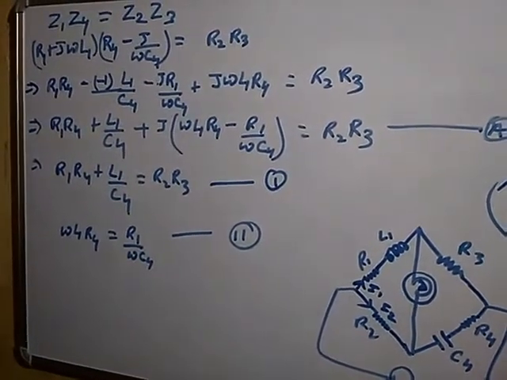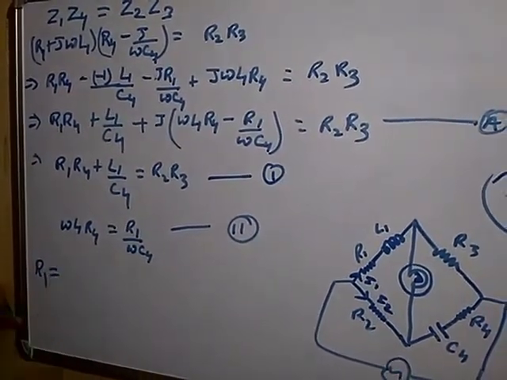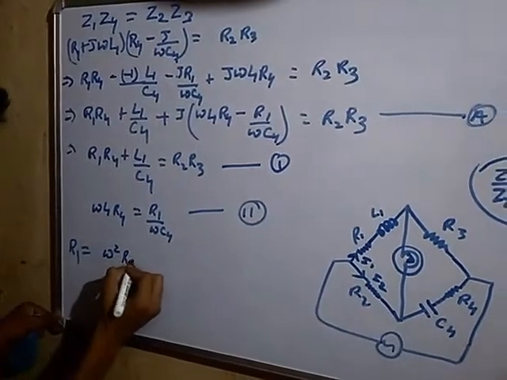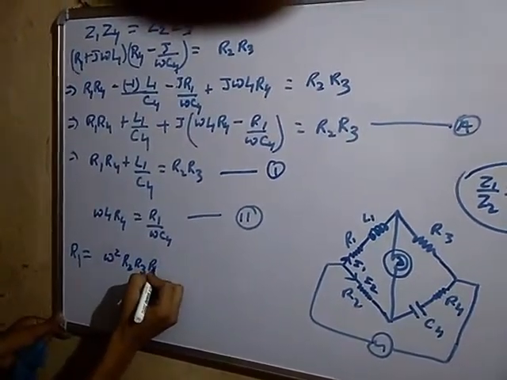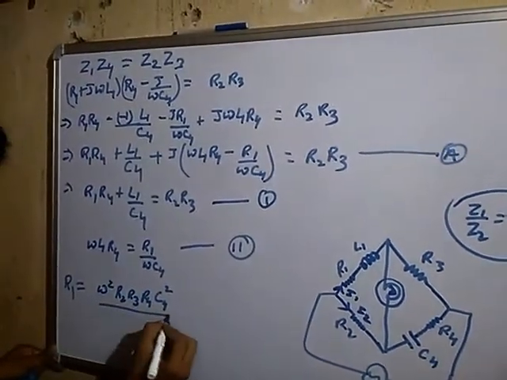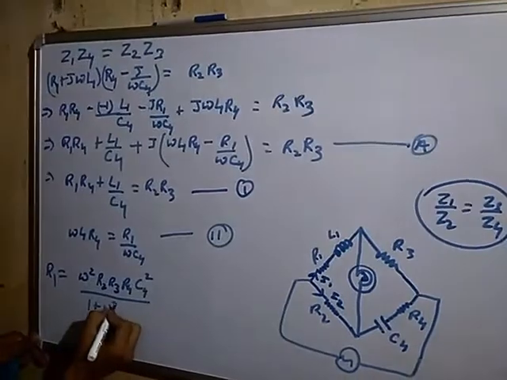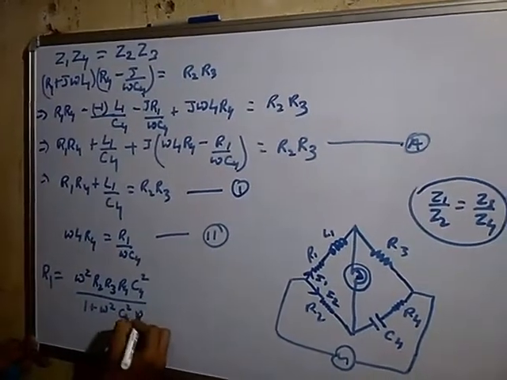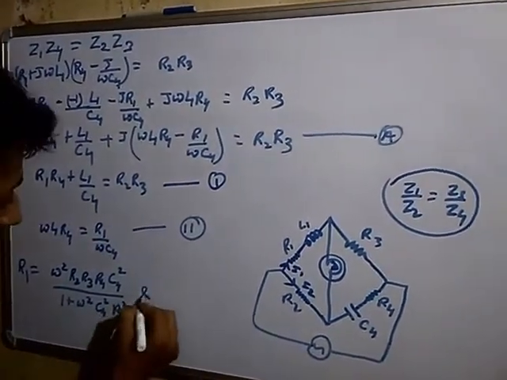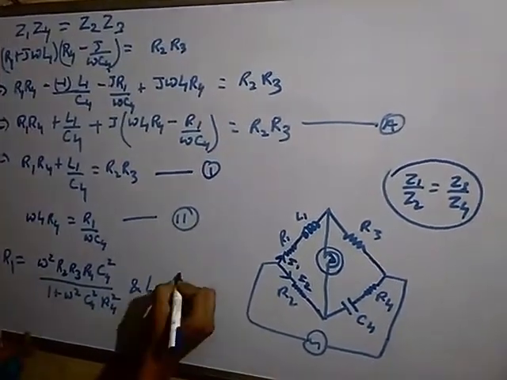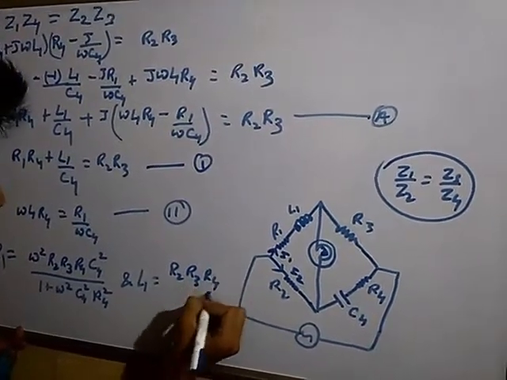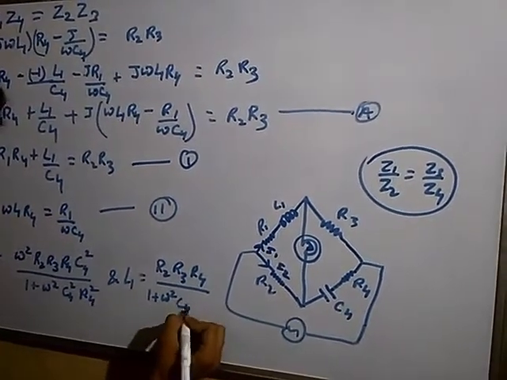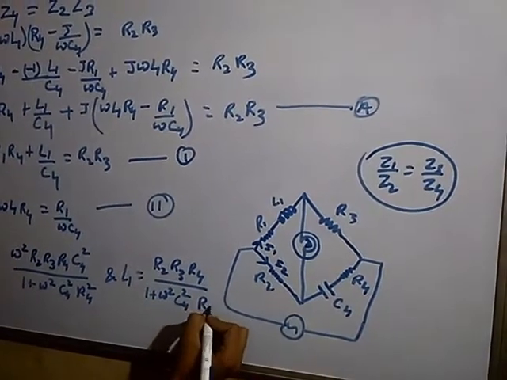By solving it, finally we will have the result: R1 will be omega square R2 R3 R4 C4 square over 1 plus omega square C4 square R4 square, and L1 will be R2 R3 C4 upon 1 plus omega square C4 square and R4 square.